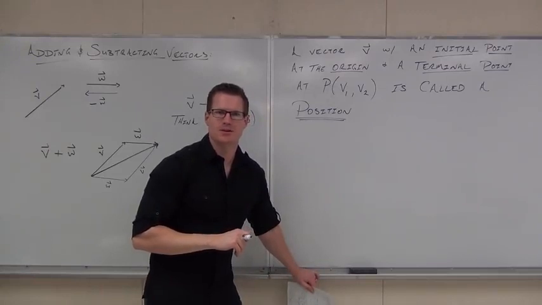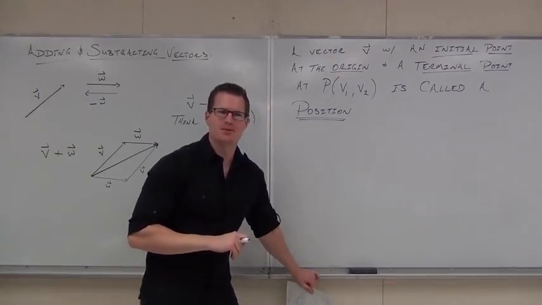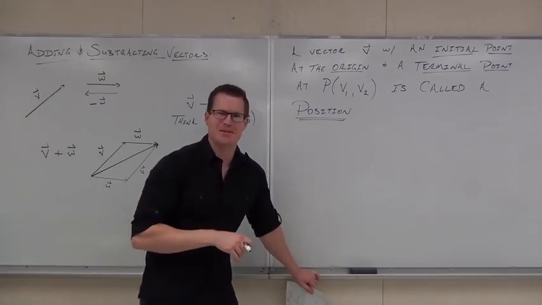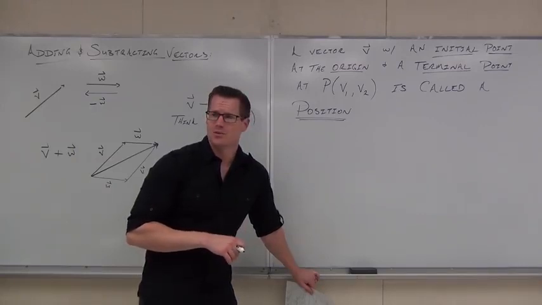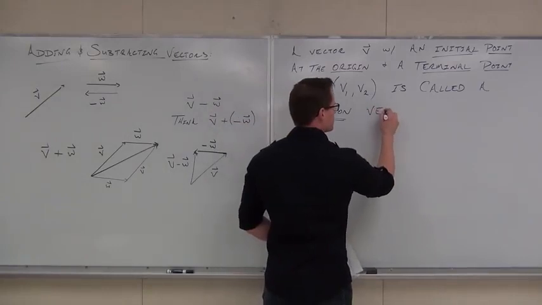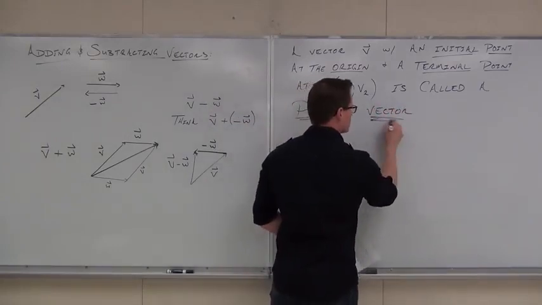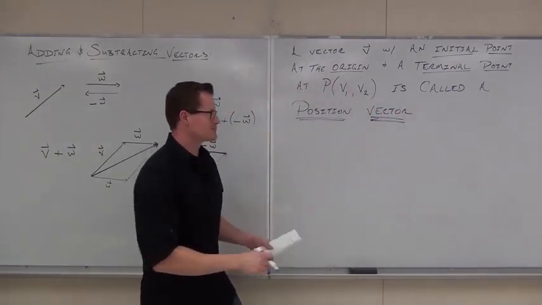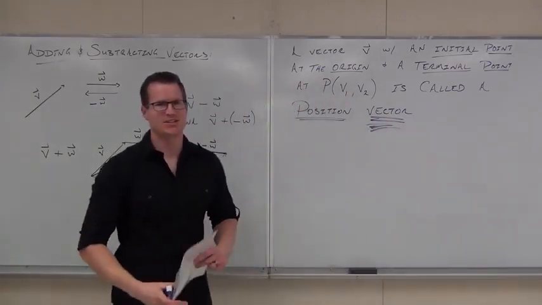I did say that. I'm sorry. I'm about three chapters ahead. Position vector. We will be talking about position functions in chapter 13, I think. So we're going to get there. I misspoke here. Position vector.